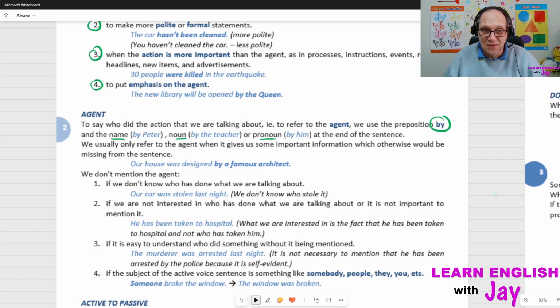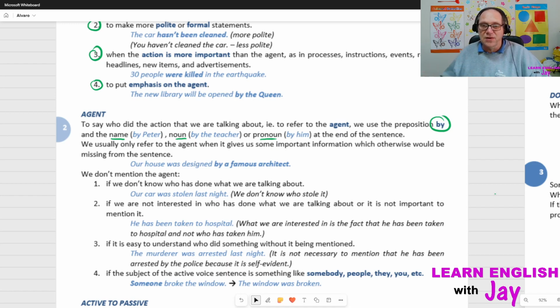Otherwise, if it's not there, the sentence doesn't make sense. If I'm in a hotel, for example, and I'm phoning somebody and they're busy cleaning the room, I'm going to say, my room is being cleaned. Sorry for the noise. I don't need to say by whom. We all know who's cleaning my room. It's housekeeping.